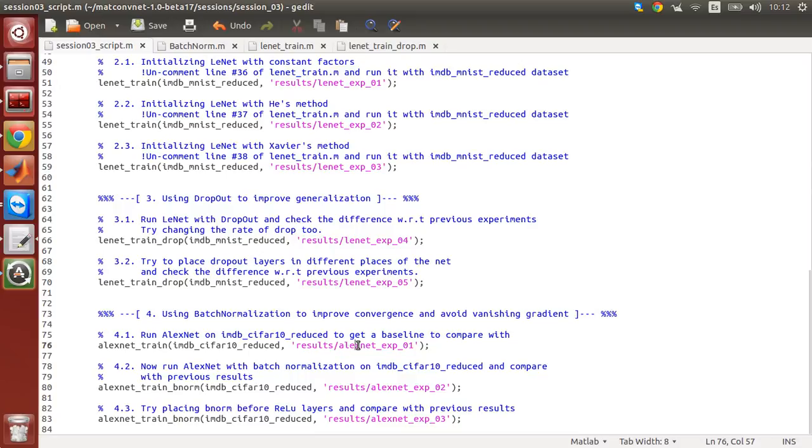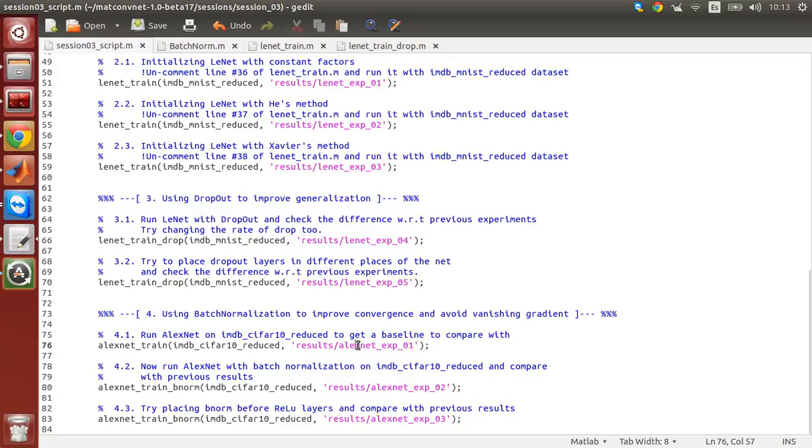And then with that sort of whitened mini batch, over the top you apply a shift and a scaling factor that you learn, and you learn one shift and one scale for each of the feature maps.